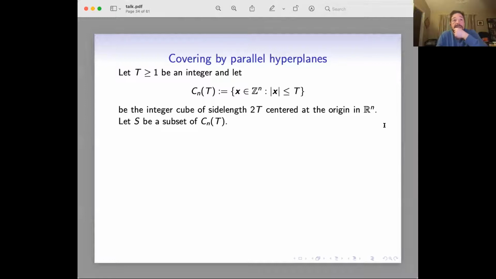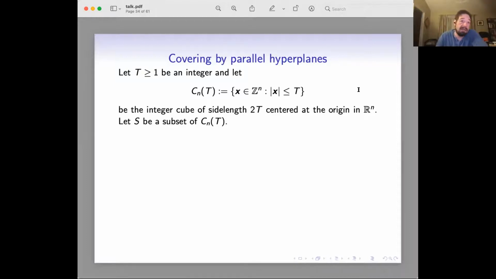Suppose that t is an integer greater than or equal to 1, and let C sub n of t be an integer lattice cube with side length 2t, so the set of all integer points whose sup norm is no bigger than t.